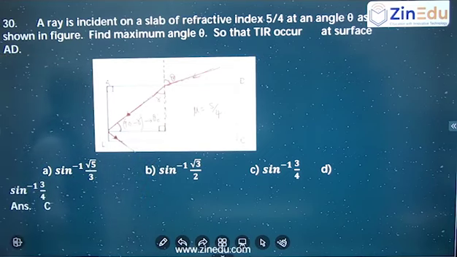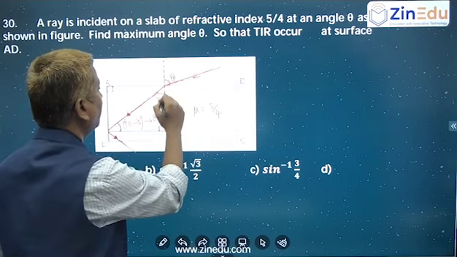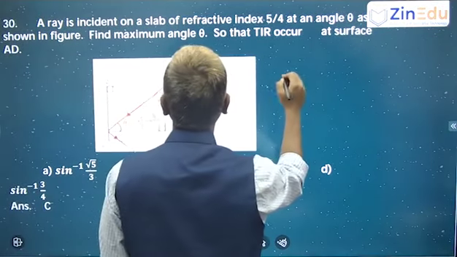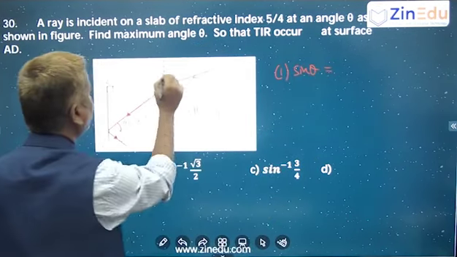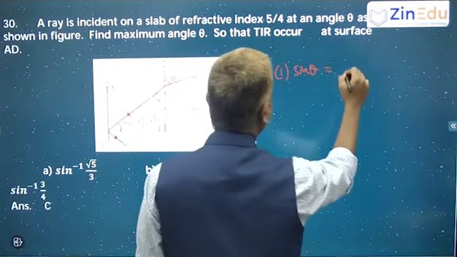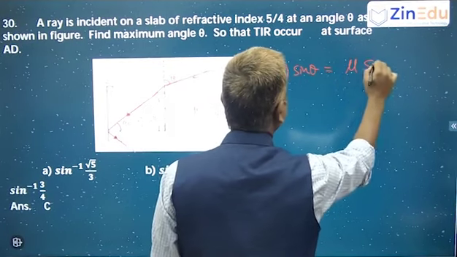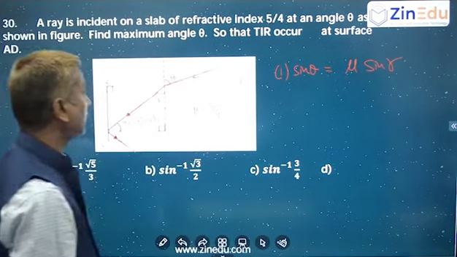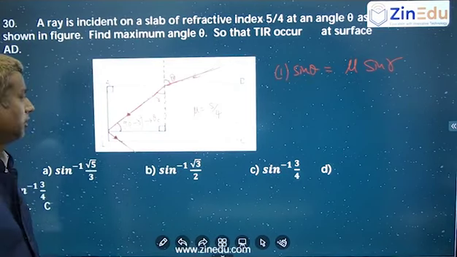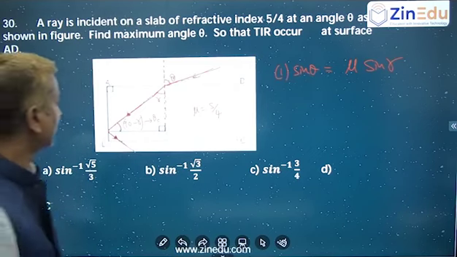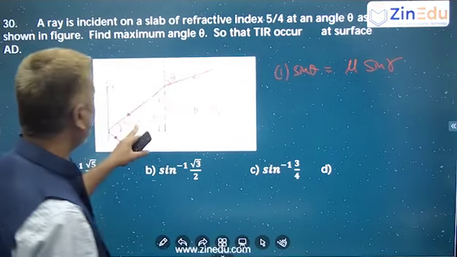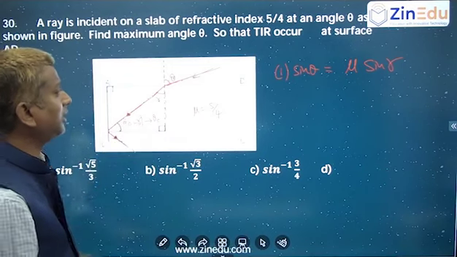That's the concept, right? So first I am applying Snell's law between these two. So that is 1 into sine theta is equal to nu into sine r, right? So theta c is 90 minus r, critical angle, right? So here can I write the r value as 90 minus theta c?